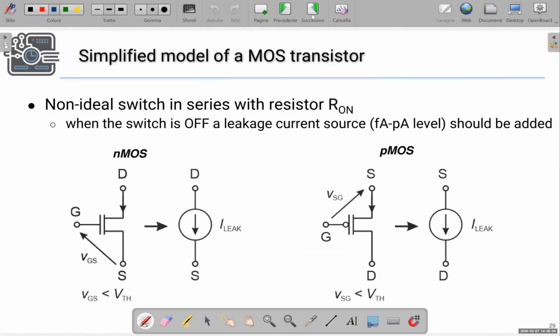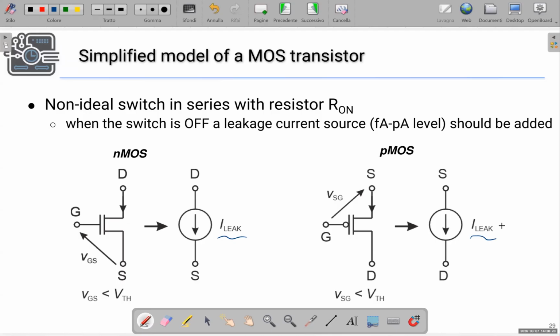To be more precise, also in the off state, we cannot regard the MOS transistor as a real open circuit, since the current flowing between the drain and the source also in the off state is not exactly 0, but is equal to a small leakage current.